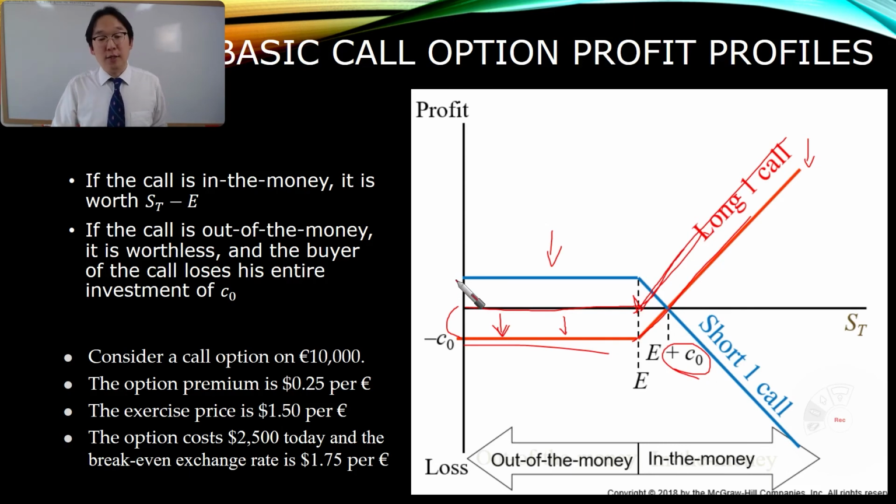In contrast, the call option writer's diagram looks like the blue lines. It's positive over here because they sold it and you did not exercise it, so they don't have to pay anything to you. But as you exercise it, your gain will be their loss. Zero-sum game. If you add these two lines, it will be 0, right?